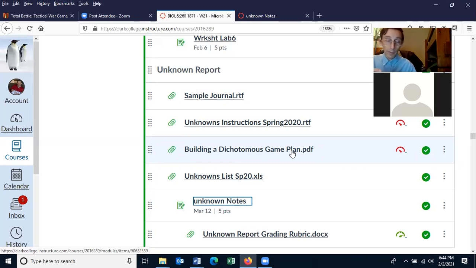And then you look at what the possibilities are, and then you decide which test to run next. That's using a dichotomous game plan. If you do not use a dichotomous game plan, you will be marked down on your unknown report. Okay, so you should be using a dichotomous game plan.